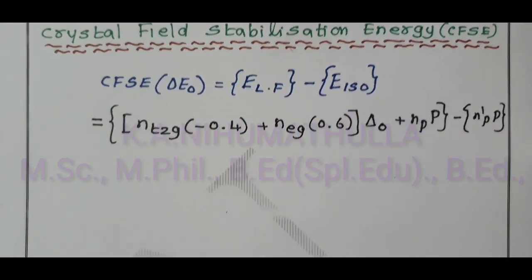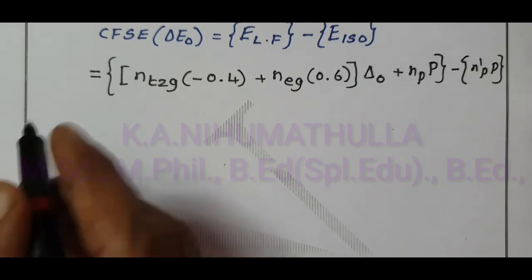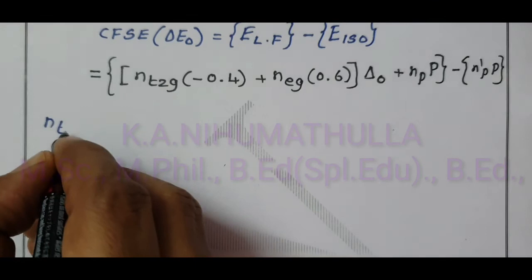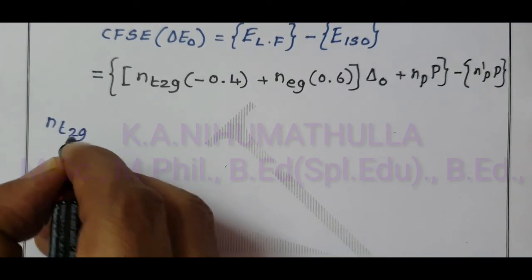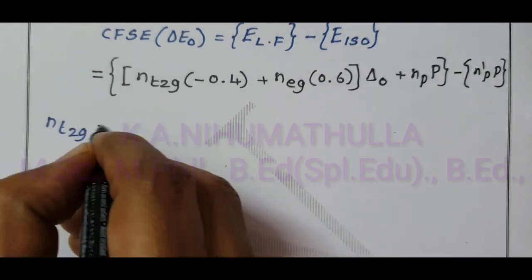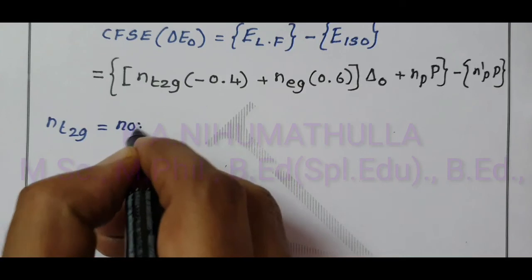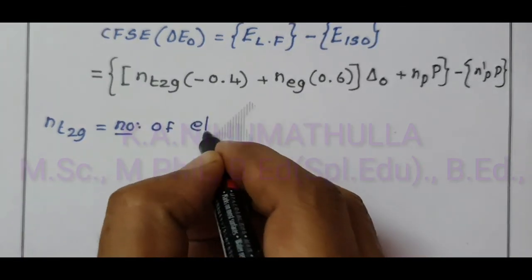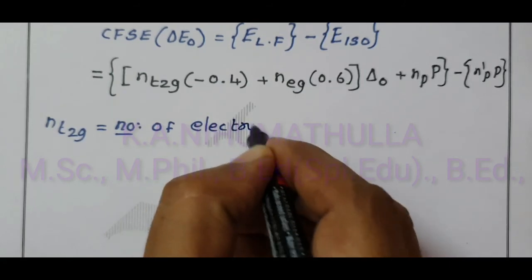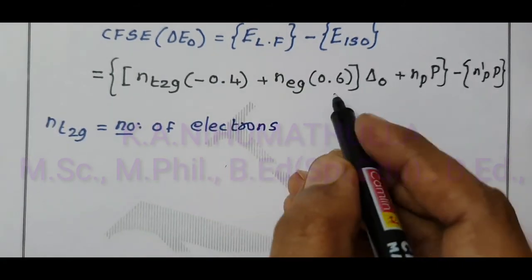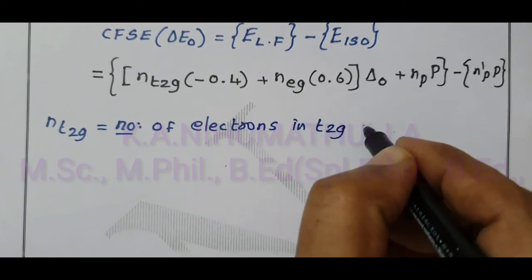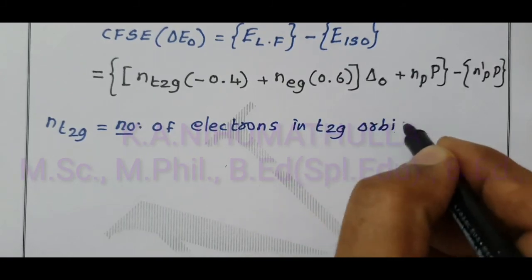What is meant by n-T2g? n-T2g is the number of electrons in the T2g orbitals.